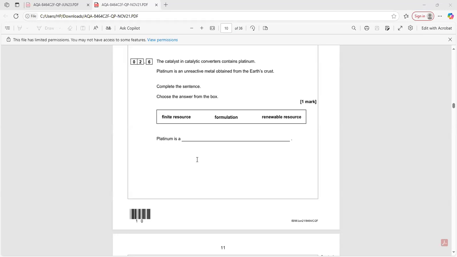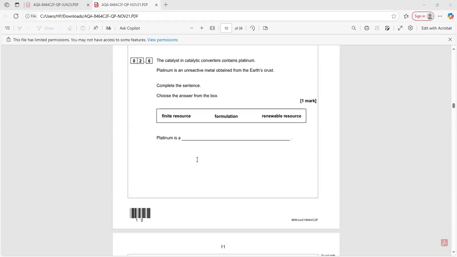Well, clearly, if it's found in the Earth's crust, then it's definitely finite, right? The platinum reserves in a place can be exhausted. It's possible. It's not a renewable resource. It's not a formulation. It's a finite resource. Okay, are you good with that? Yes.